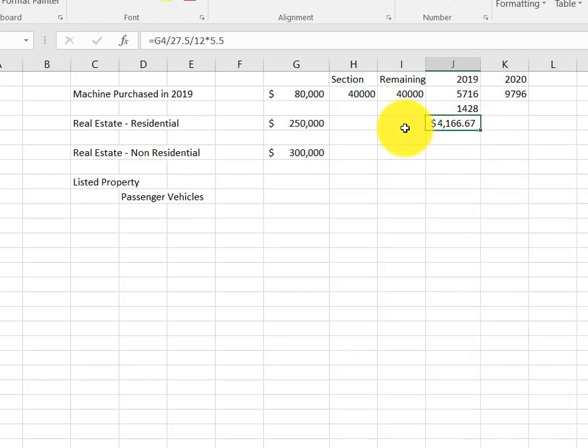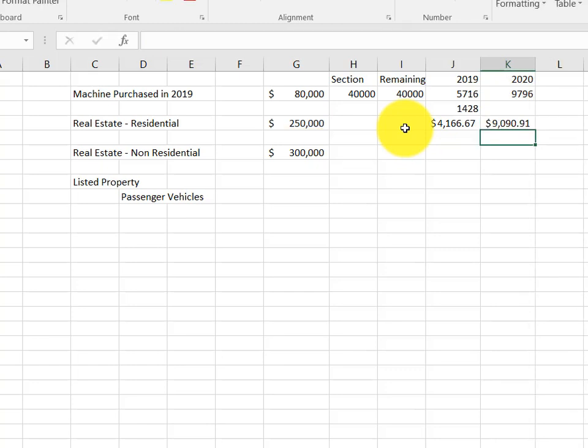And that would be your depreciation on that $250,000. For other years, it's just really simple because it's straight line. It's just divide by the 27.5. So in 2020, that would be your depreciation. In 2019, it is based on 5.5 months.